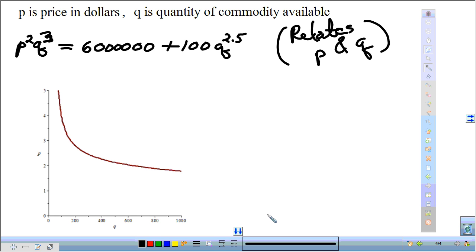Now, we talked about rates have to do with time. Here's a relationship, but in this relationship, time is not mentioned, nor is time in the graph. So out there in the real world, you would have different times.